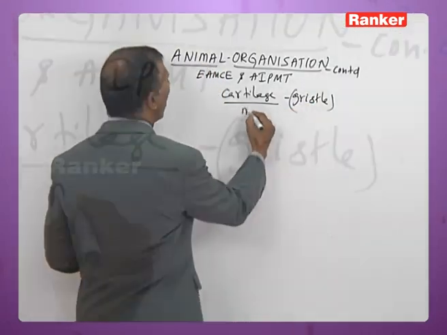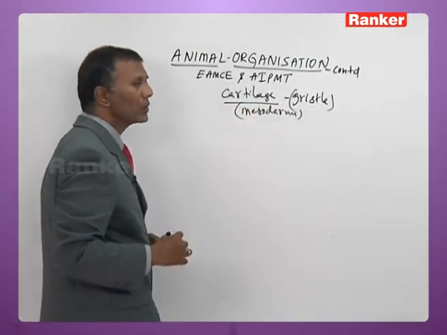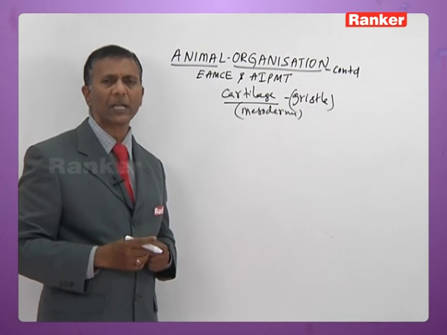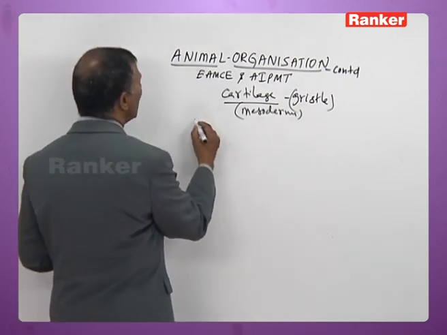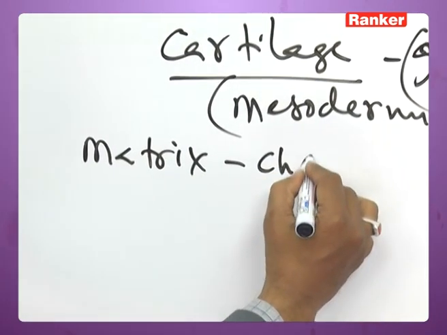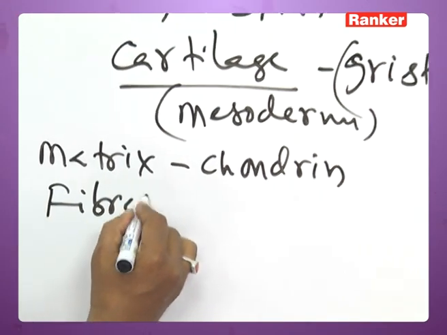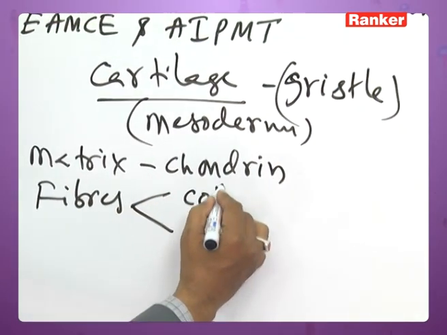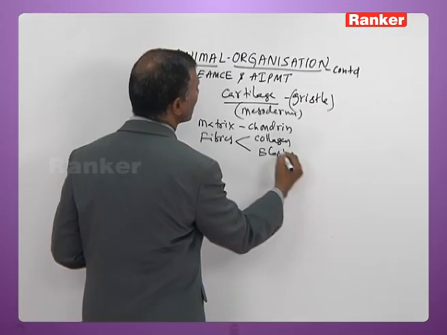It is a derivative of mesoderm. The embryonic connective tissue called mesenchyme differentiates to form cartilage in adults. The matrix of the cartilage is called chondrin. It has two types of fibers, collagen fibers and elastin fibers.